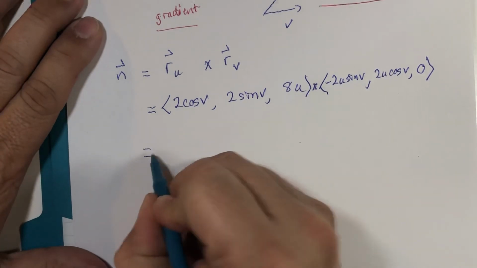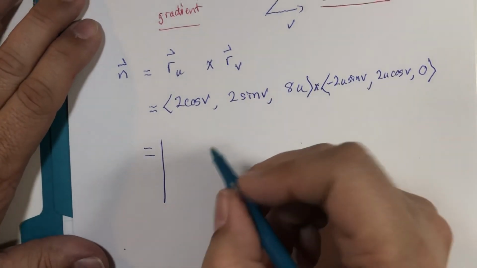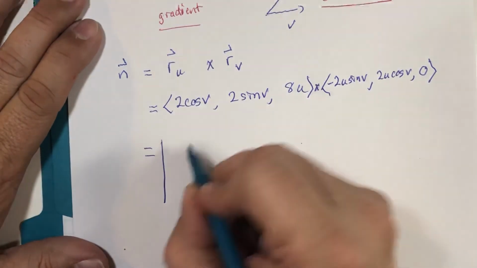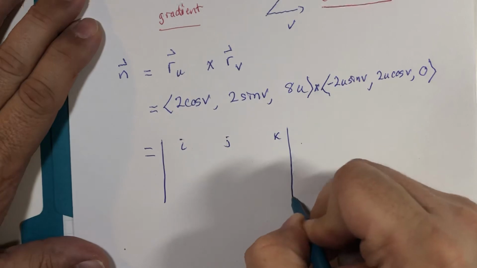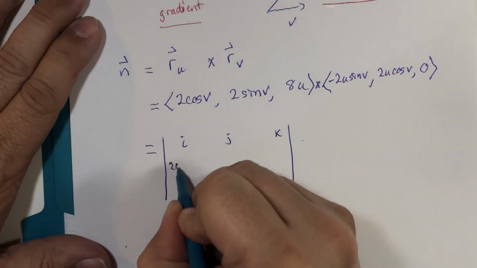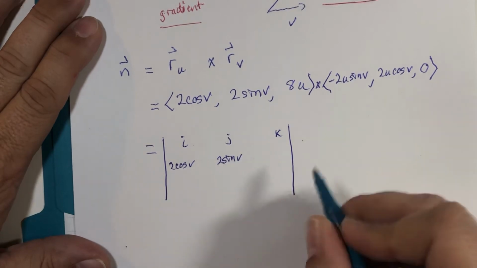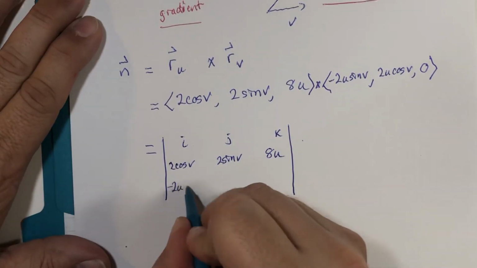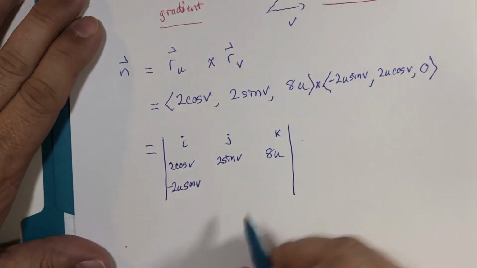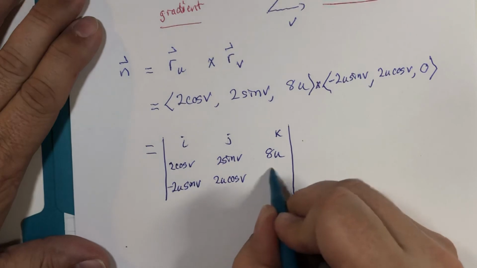So I like to use my old school linear algebra notation for this. I, J, K, 2 cosine v, 2 sine v, 8u, negative 2u sine of v, 2u cosine of v, and 0.